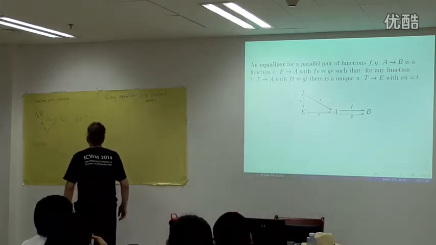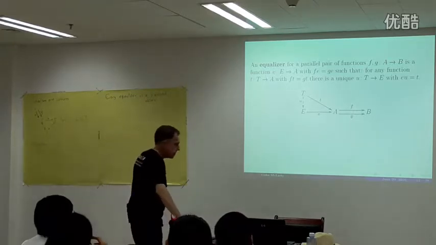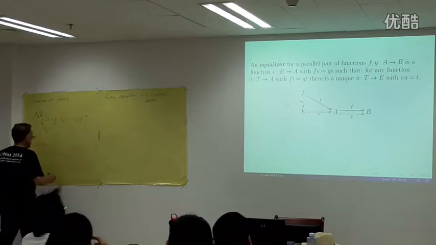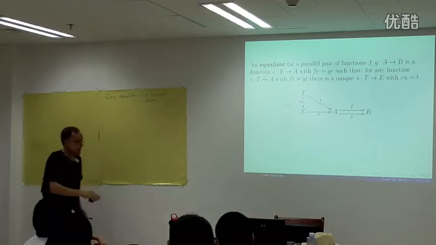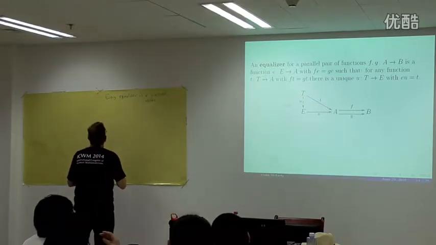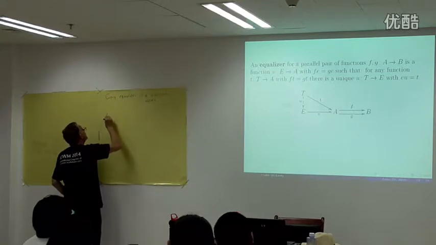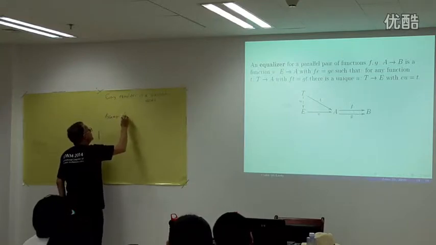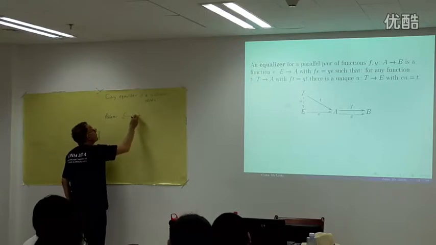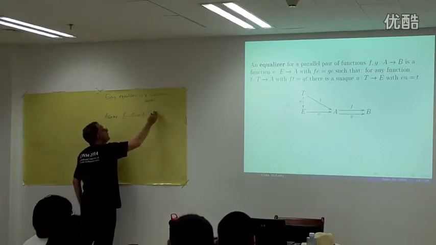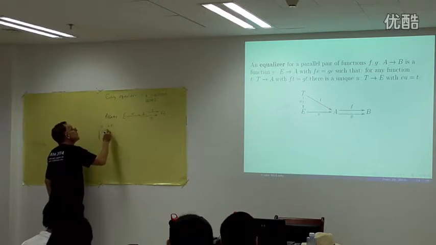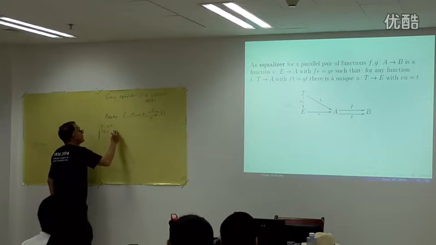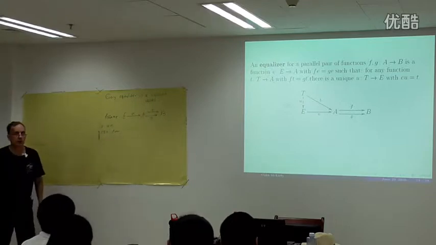How do I know that an equalizer is one-to-one? All right, over here. So, assume that E, mapped over by E to A, F, G, is an equalizer. Right, and now I want to show it's monic.